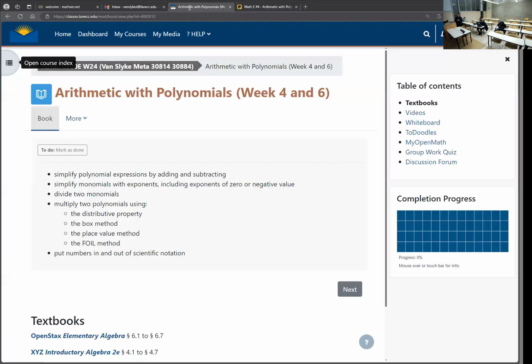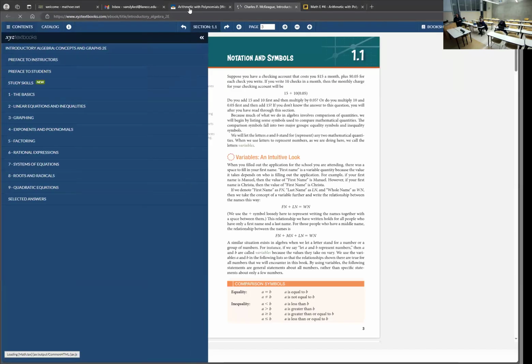Move to textbooks, yeah, nice textbook. And slow. Okay.